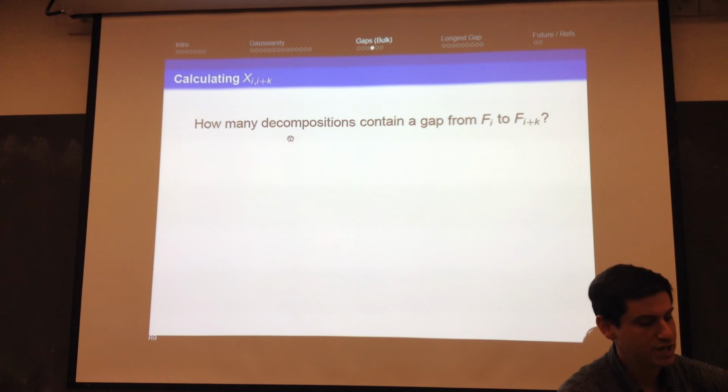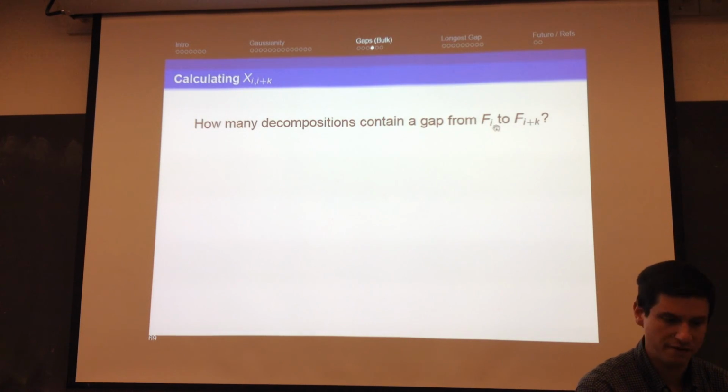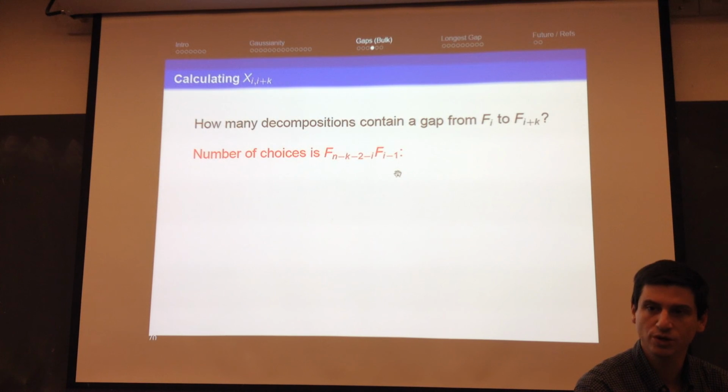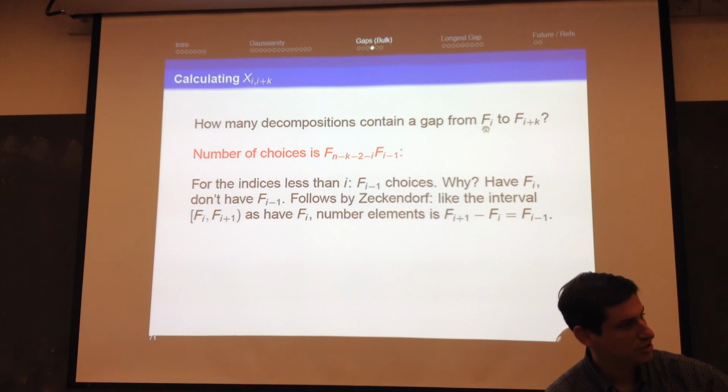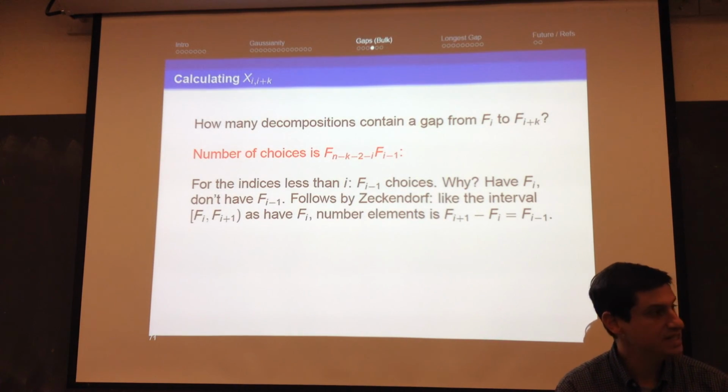And so now we want to know is how many decompositions contain a gap from F_i to F_{i+k}? Well, very quickly, it turns out it's the product of 2 Fibonacci numbers. And the reason is, let's say I have F_i, and I have F_{i+k}, and I have nothing in between. Well, then I need to fill in all the stuff up to F_i. And this is exactly what was mentioned earlier. Anything that's legal is now allowed. So I now look at how many legal ways can I fill in stuff over here.